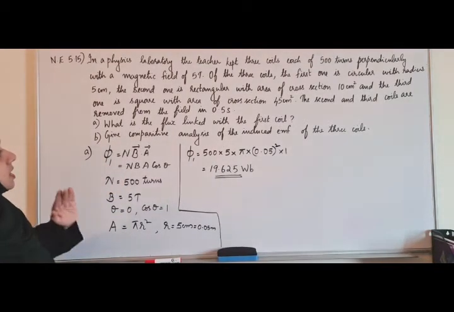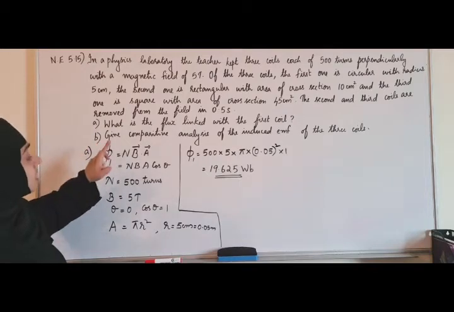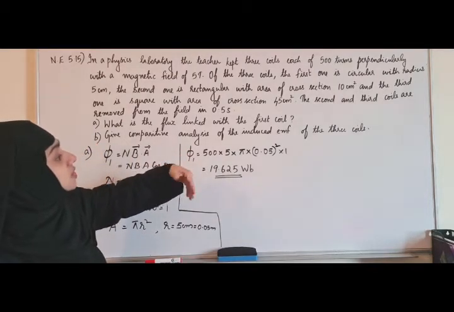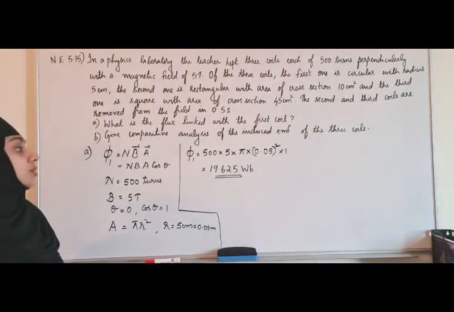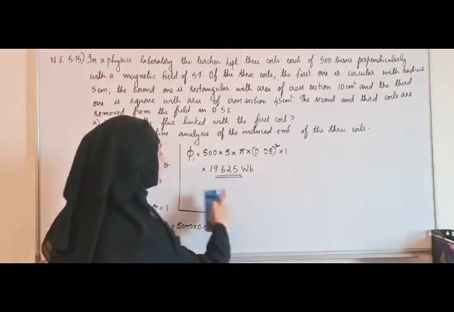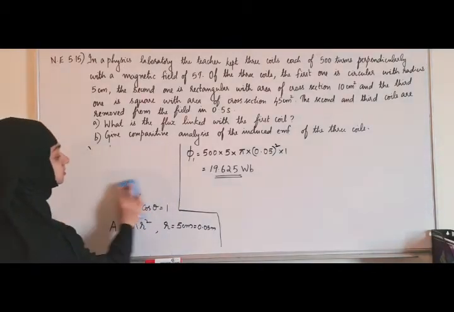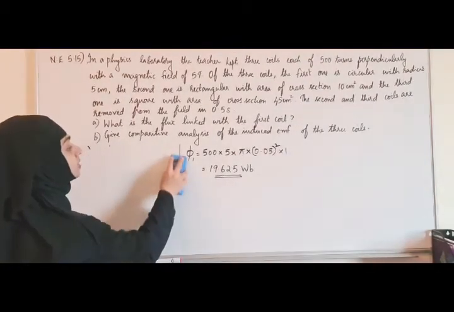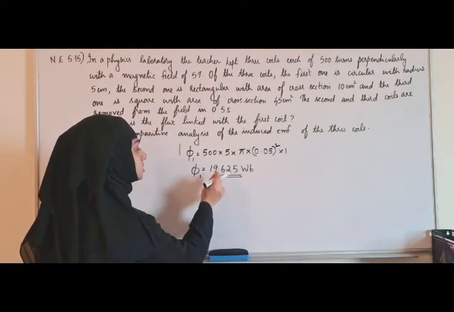That's all. Now, let us consider question B. Give a comparative analysis of the induced EMF of the 3 coils. Maybe I am not rubbing this number. Let me see whether we will require the flux linked with the first coil. So, I am just putting here phi 1 is equal to this quantity.